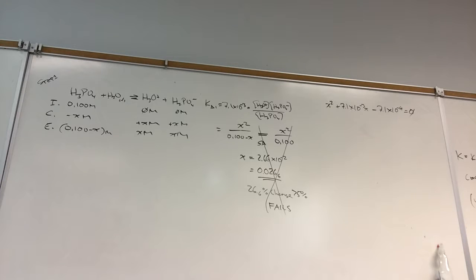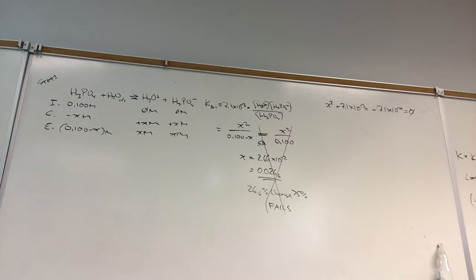There's lots of these on the internet. And then I'll just plug in A is 1, B is 7.1 e to the minus 3, and C is minus 7.1 e to the minus 4.